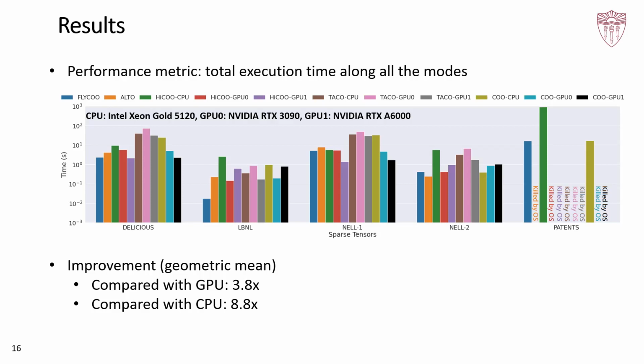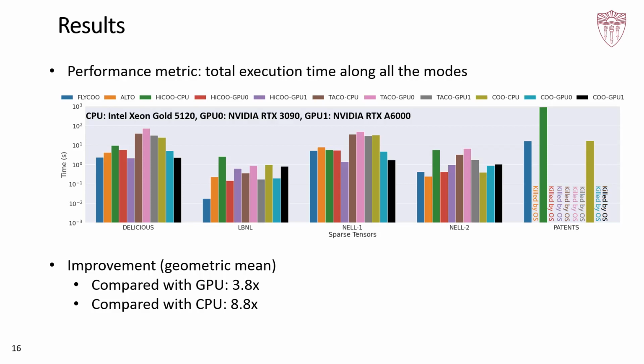And MIT has also introduced an implementation called Tahoe, which can support CPU and GPU. And also we have a baseline implementation on COO format, so COO-based CPU and GPU implementation. So we have chosen these state-of-the-art baselines to compare with our work, and we name our work FLYCOO.